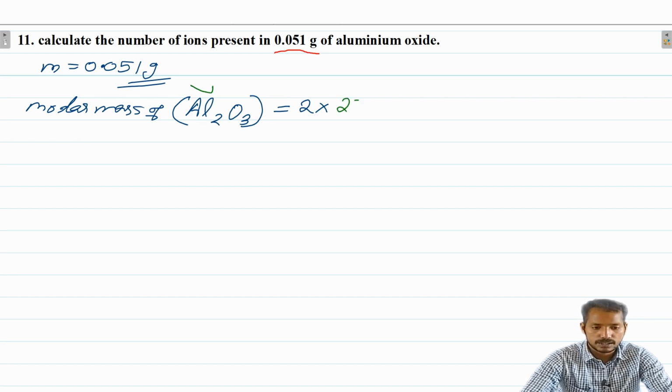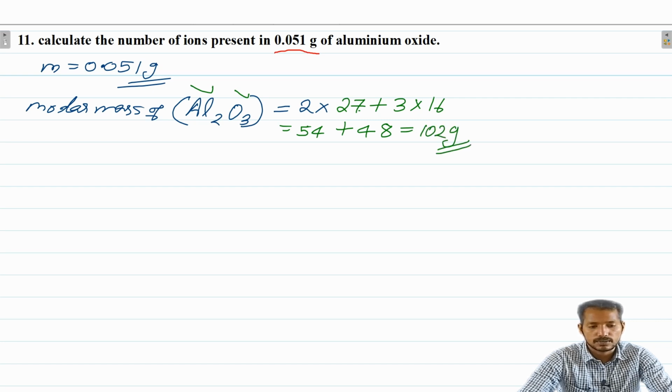So 2 into 27 plus how many oxygen is there? 3 oxygen. So 3 into, what is the atomic mass of oxygen? 16. 2 into 27 is 54 plus 3 into 16 is equal to 48. So 54 plus 48 is equal to 102 gram. This is the molar mass.